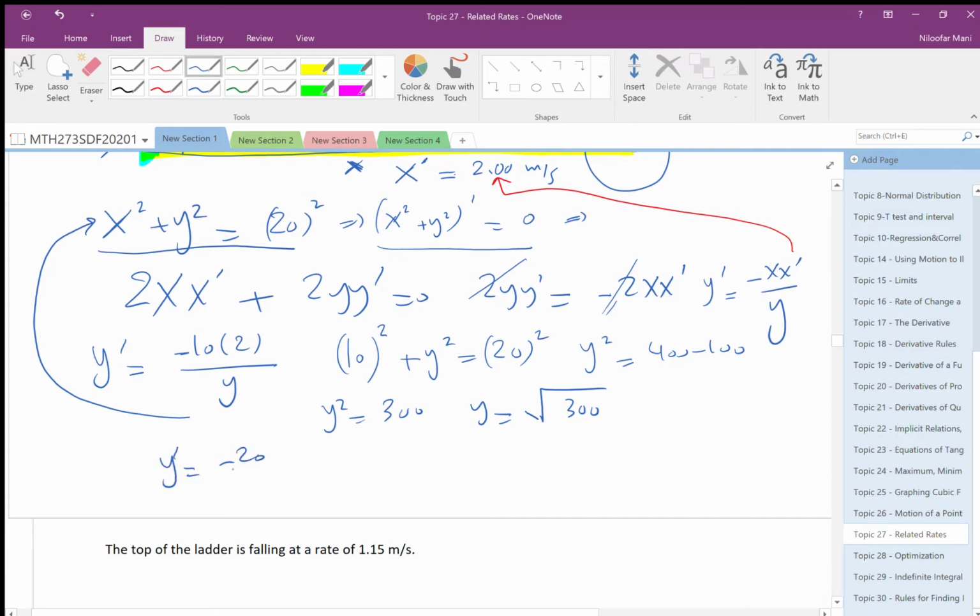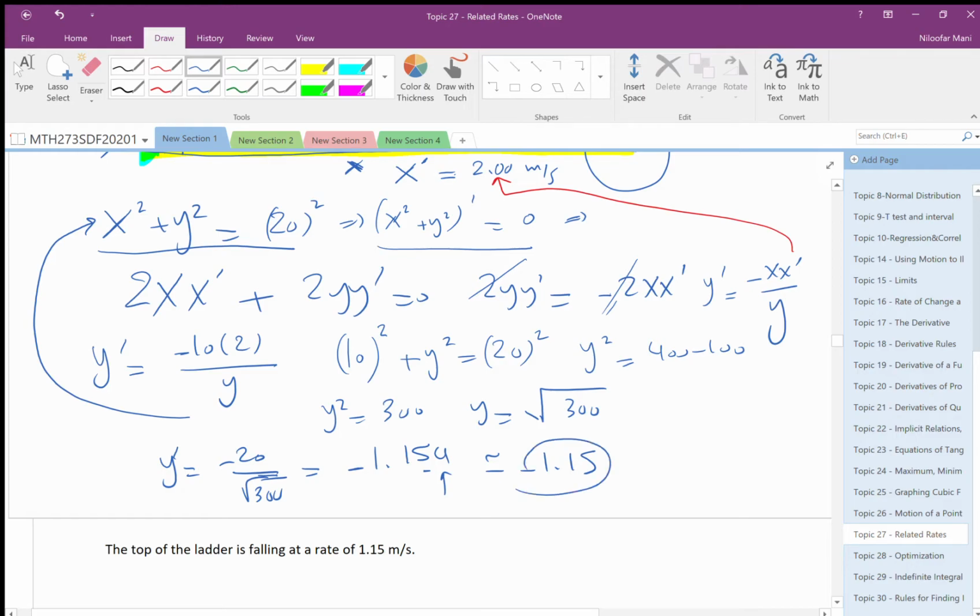Perfect. So now y prime is minus 20 divided by radical 300, which is, if I can find my calculator, I'll be so happy. 20 divided by radical 300, which is minus 1.154. I underline that, check that, it is almost minus 1.